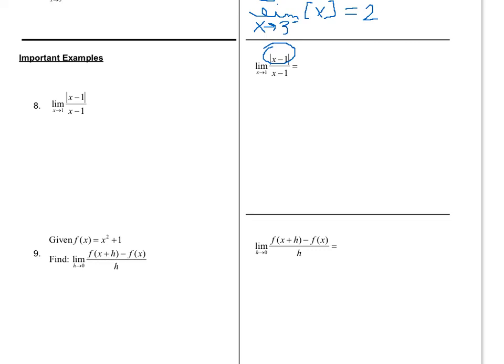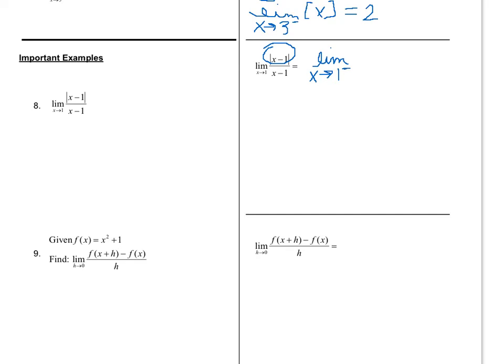So x approaching 1 is significant in this case because that is where the sign of that inner quantity changes. When that happens, you have to split this up into a piecewise and redefine it. So the first thing that I'm going to do is take the limit as x approaches 1 from the left.